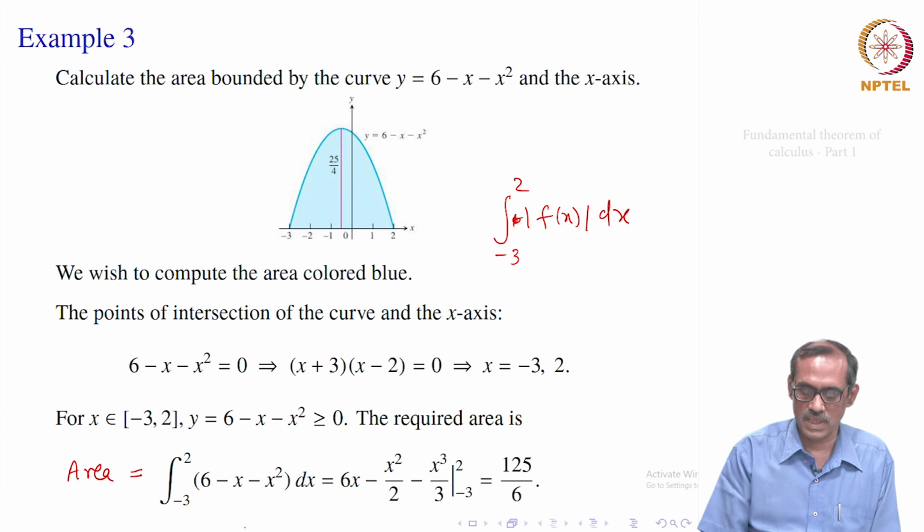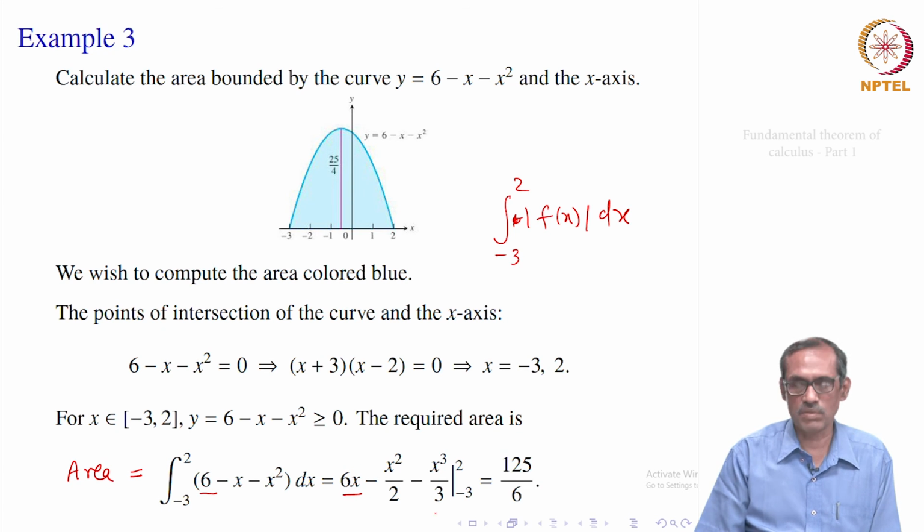So, mod f x is f x itself, 6 minus x square dx, that is equal to 6x minus x cubed by 3. Because when you differentiate 6x, you get back 6, so the integral of 6 is 6x. When you differentiate x square by 2, you get x, so the integral of x is x square by 2. Similarly, if you differentiate x cubed by 3, you get x square, so the integral of x square is x cubed by 3.